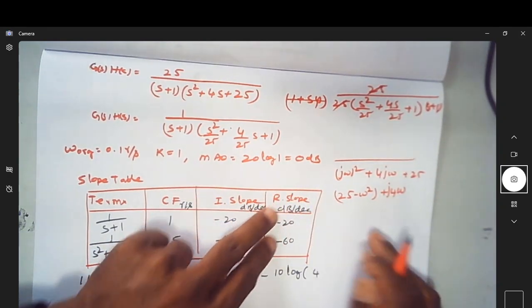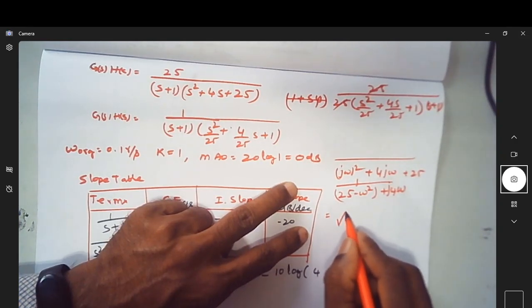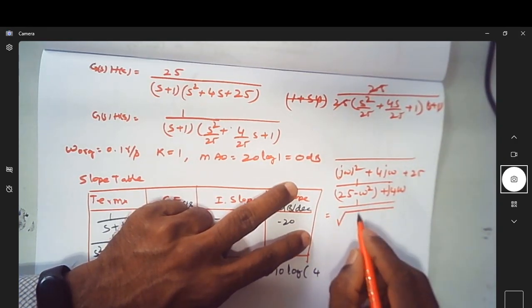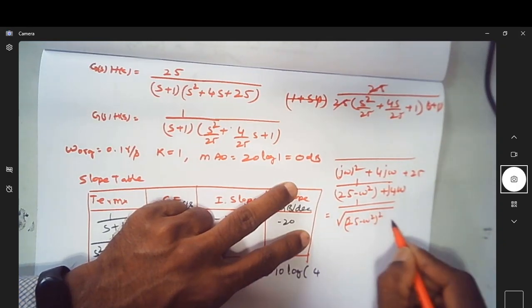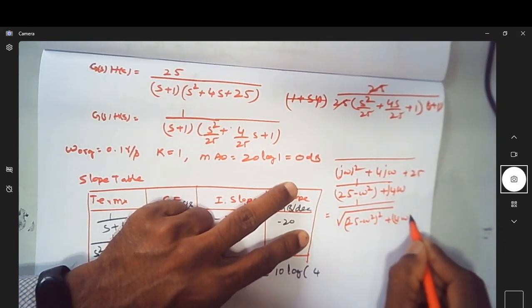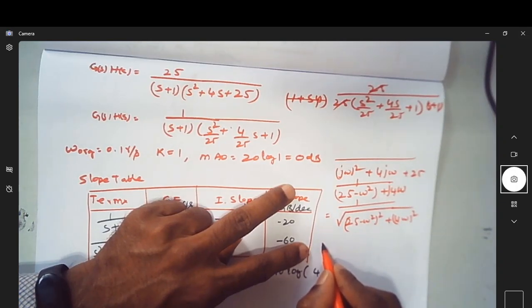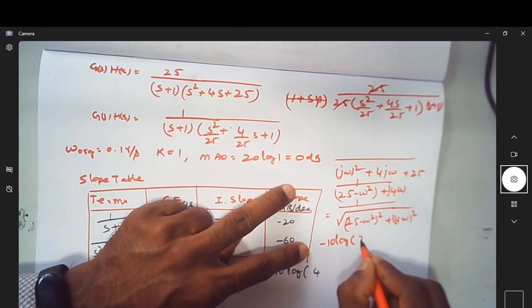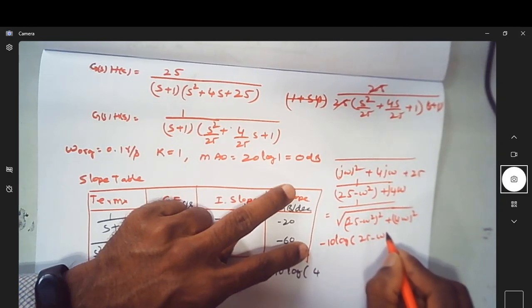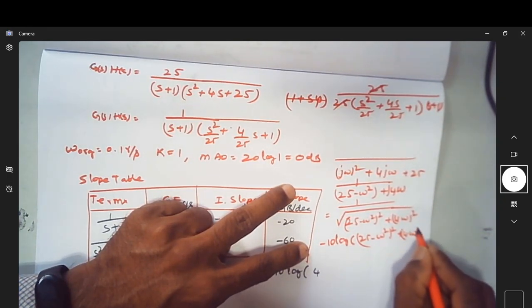So the magnitude of this happens to be 1 over under root of 25 minus omega square whole square plus 4 omega whole square. In terms of dBs, this will be minus 10 log of 25 minus omega square whole square plus 4 omega whole square.